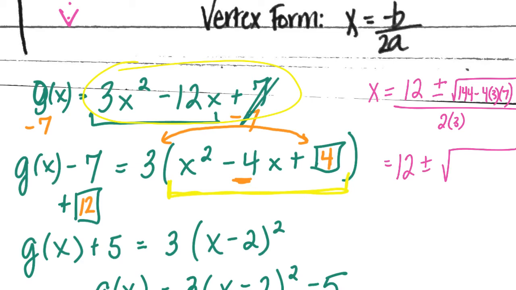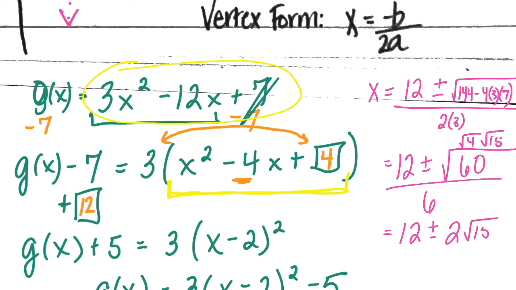I did 73, that didn't work for me. And let's try that again. 144 minus 4 times 3 times 7. And that gives me the square root of 60 all over 6. What perfect square comes out of 60? That's going to be 4. 12 plus or minus. So remember, this is a root 4 and root 15, where I get 2 root 15 all over 6.